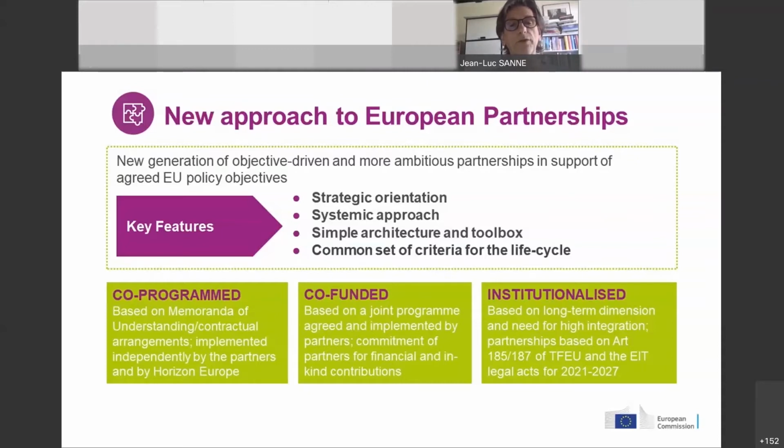You have the co-funded partnerships where we support 1/3 of the activities, and so you have common calls and common activities. And you have institutionalized partnerships, which are partnerships that go under Articles 185 and 187 of the treaty.